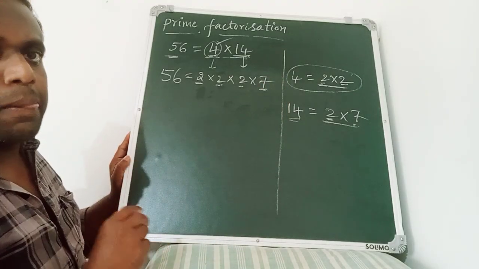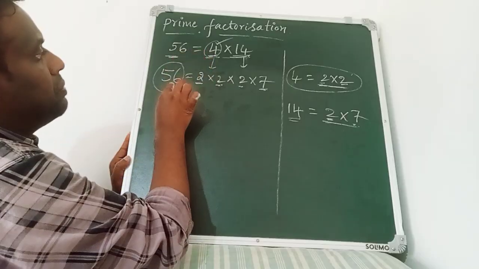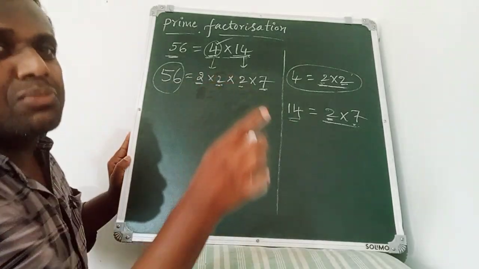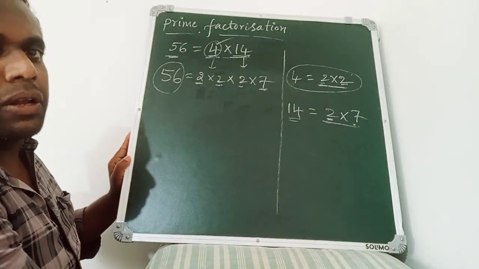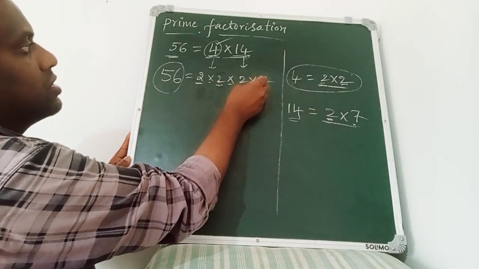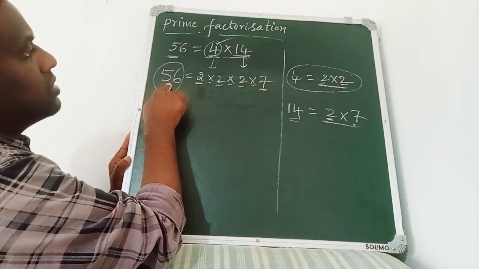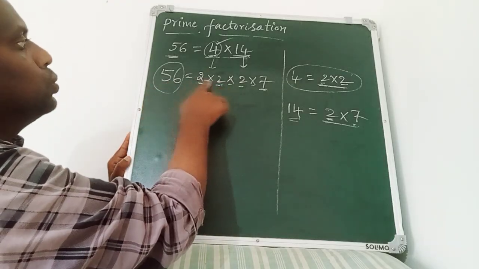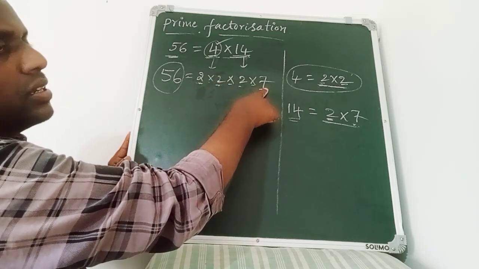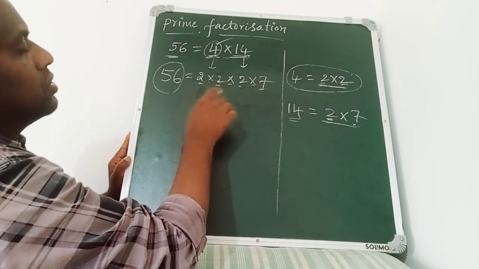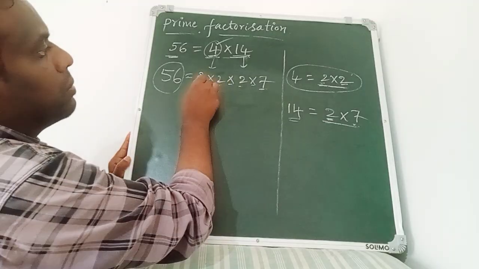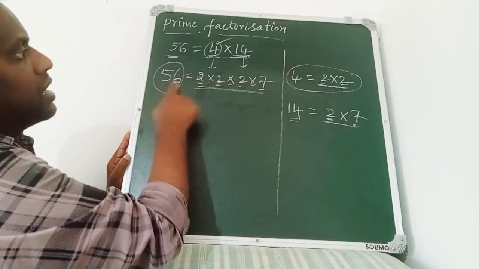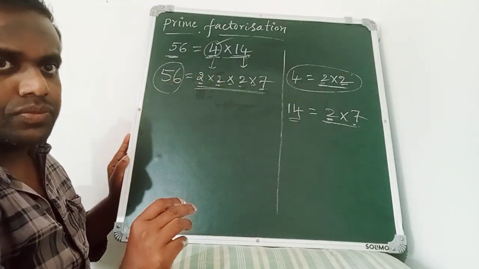So you can see we have written this number 56 as a product, product means multiplication, product or multiplication both are the same. See, this is the multiplication symbol. So we have written 56 as the product of what? Prime numbers. 2, 2, 2, 7. So these are the prime numbers. So the multiplication or product of prime numbers, this one. So 56 is written as the product of prime numbers.